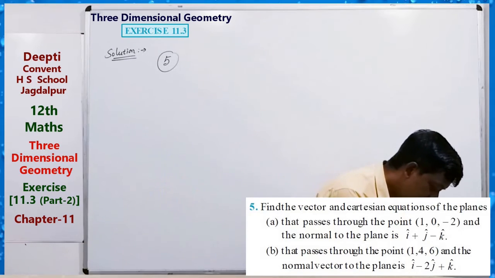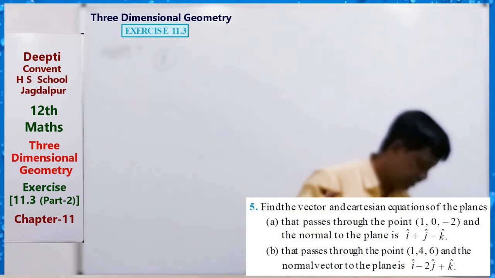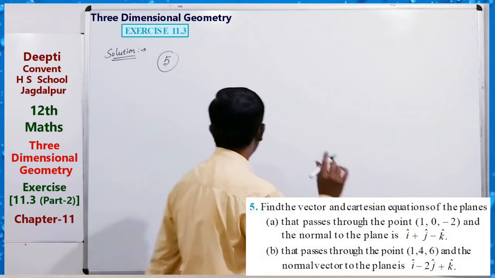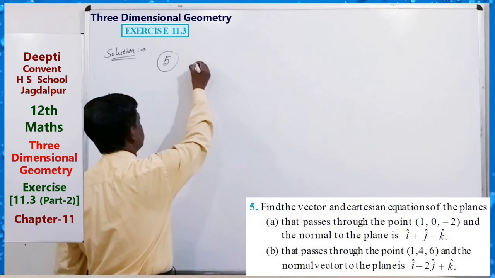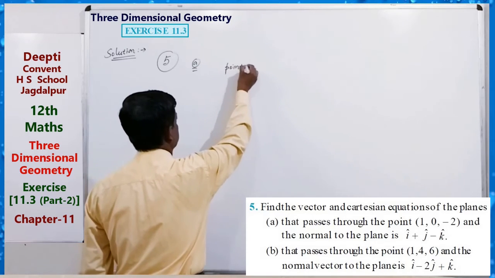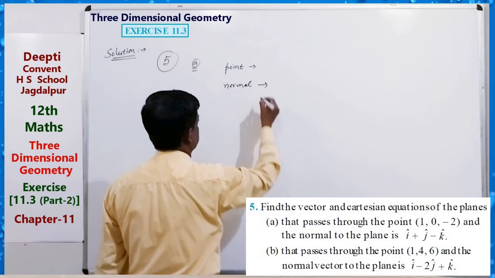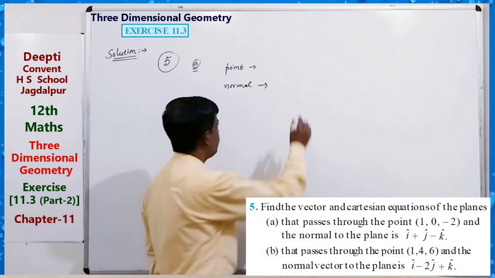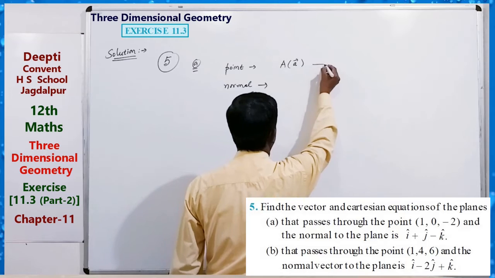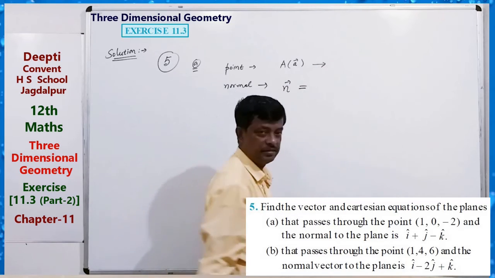Find the vector and Cartesian equation of the plane passing through the point 1, 0, minus 2, first question, and normal to the plane is this. 5 first. Point given, normal given. Okay, point A and normal is given.